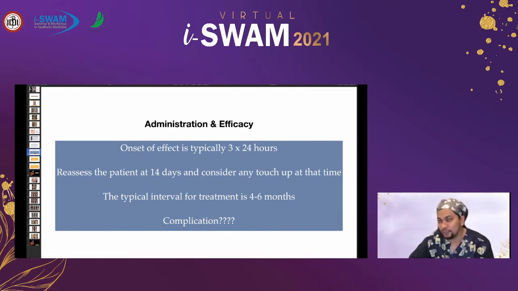It's really funny when, right after you inject the Botox, the patient says, "Wow, doc, it looks nice. I love the result." Right after injection, that's not true. It's impossible. That's not how botulinum toxin works. It takes 3 days until you can see the result.